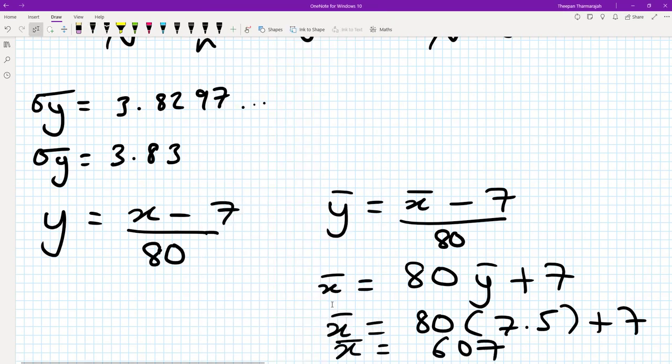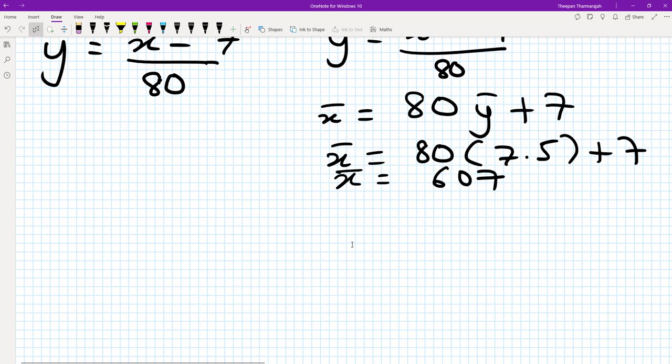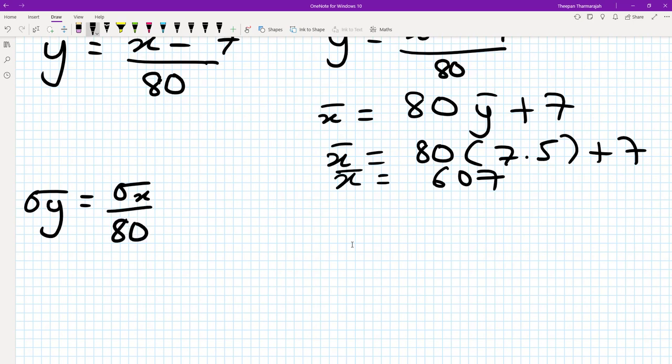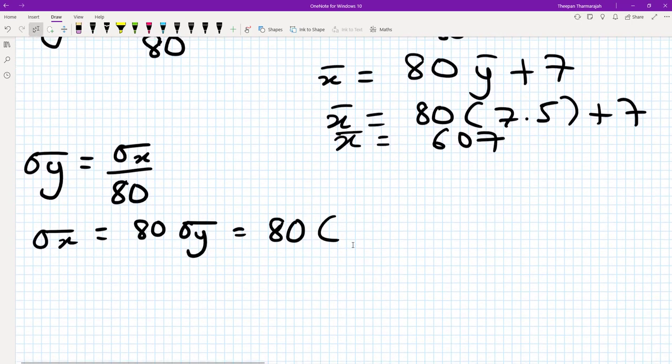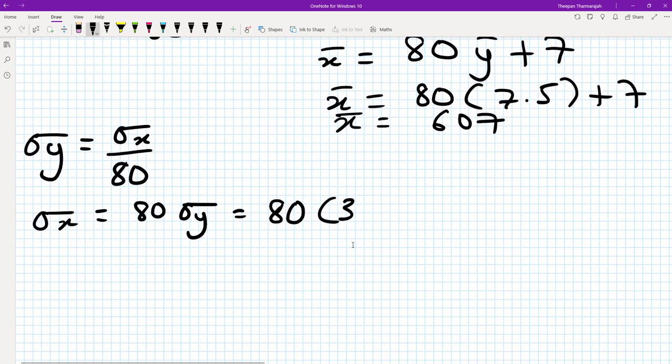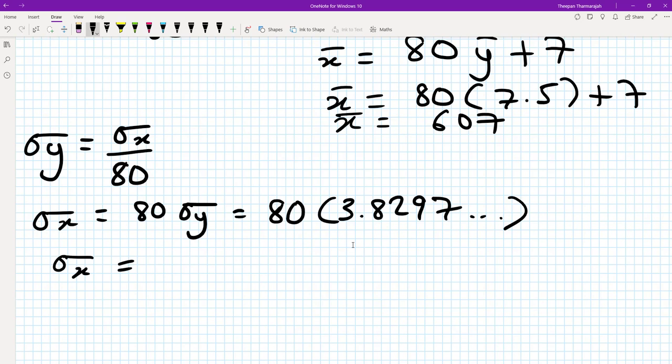And then you want to work out the standard deviation. So in our case, sigma y is sigma x over 80. So sigma x is 80 times sigma y. In our case, it's going to be 80 times what we worked out earlier, 3.8297 and so on. So sigma x, we can work that out here.